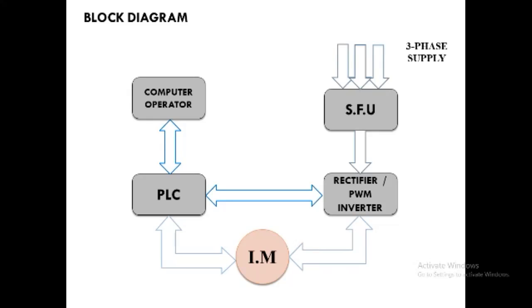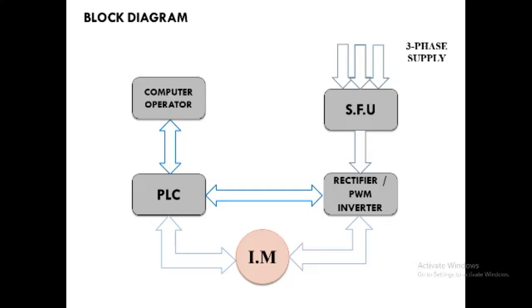And here, what does the switch fuse unit basically consist of? It is the combination of three electrical applications, that is HRC fuses, contactor, and a relay. So the three-phase supply is given to the three HRC fuses, that is R, Y, and B. And the output of these HRC fuses will be the input to the relay system. That relay system is known as the overcurrent relay.